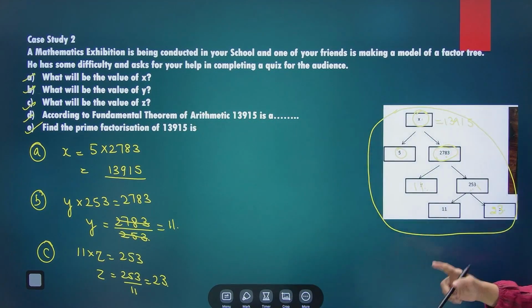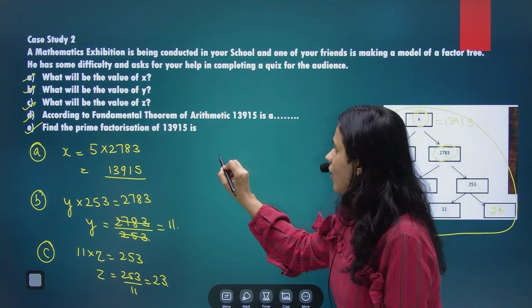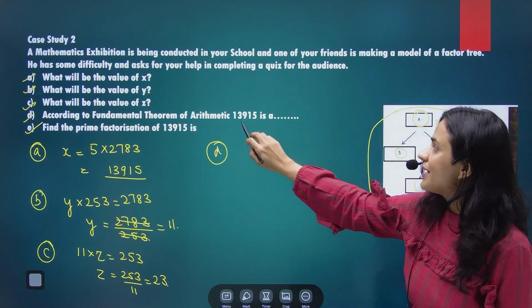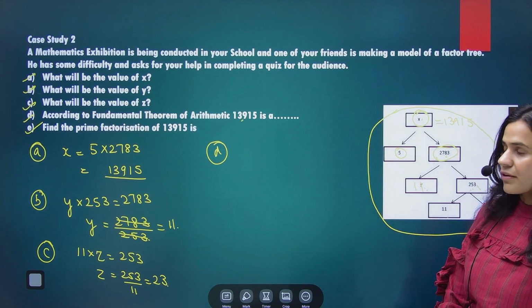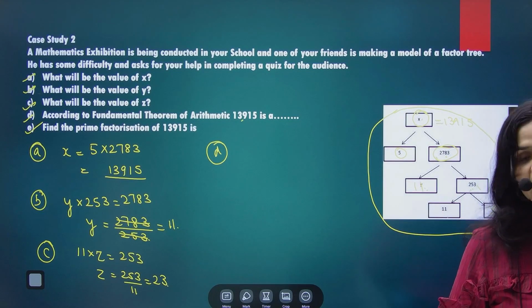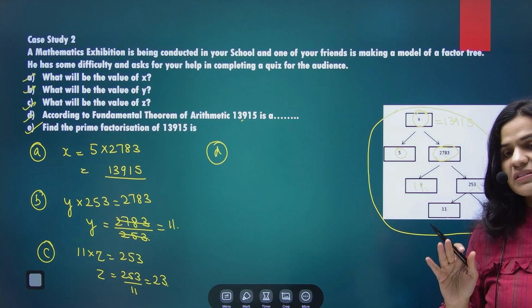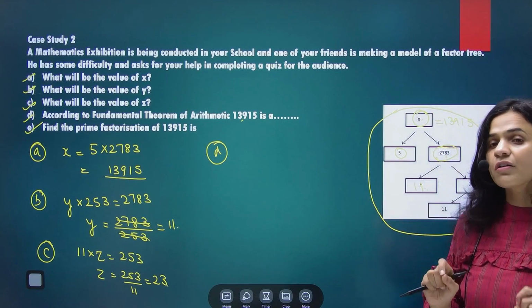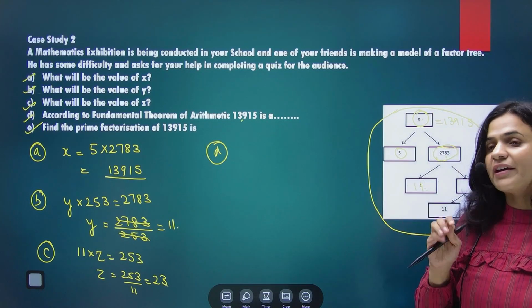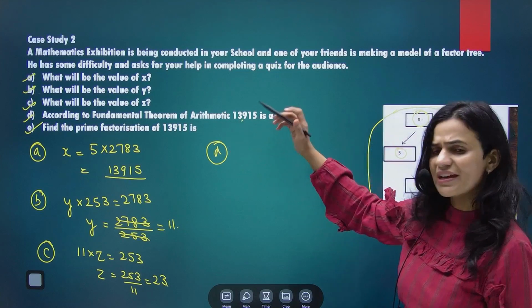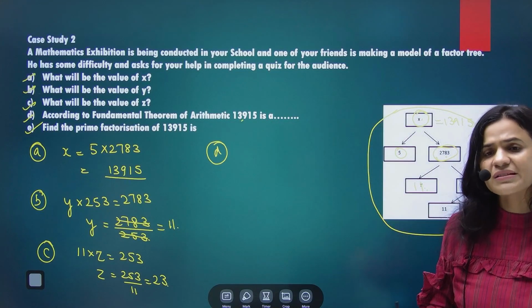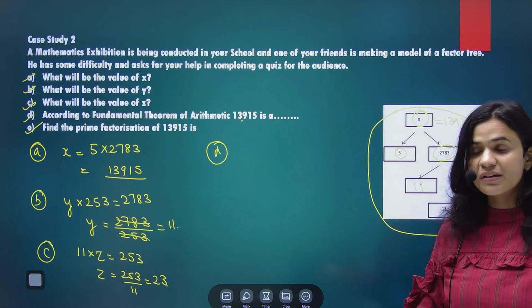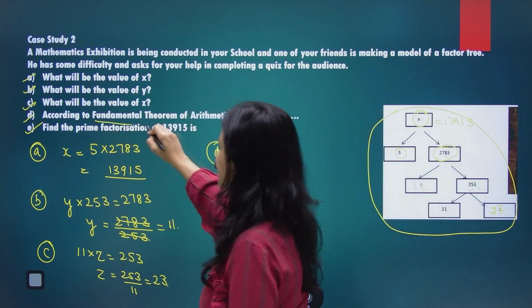Let us understand D. What, according to fundamental theorem of arithmetic, 13915 is a, look, fundamental theorem of arithmetic क्या कहती है कि आपका composite numbers can be expressed as unique product of prime. Emphasis is on composite numbers. आपके फंडामेंटल थ्योरम ऑफ अरिथमेटिक कुछ नहीं कहती, बस ये कहती है कि कॉम्पोजिट नंबर्स के दो से ज़्यादा फैक्टर्स होते हैं. ये आप बचपन से पढ़ते आ रहे हैं, प्राइम नंबर्स, कॉम्पोजिट नंबर्स, बस उसे एक थ्योरम से स्टेट कर दिया गया है.